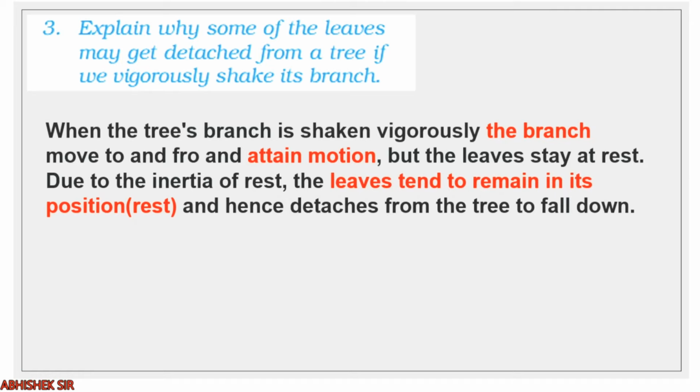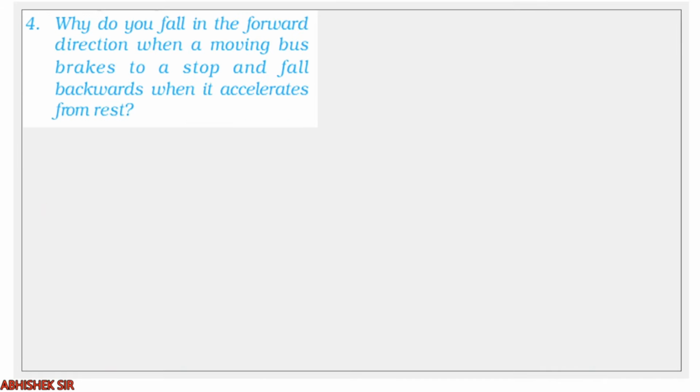The branch will leave its state of rest, but the leaves will always try to stay at rest. So what will happen? The branch will move, the leaf will remain as it is. As a result, they will detach and fall down. Clear? Moving on to the next question.